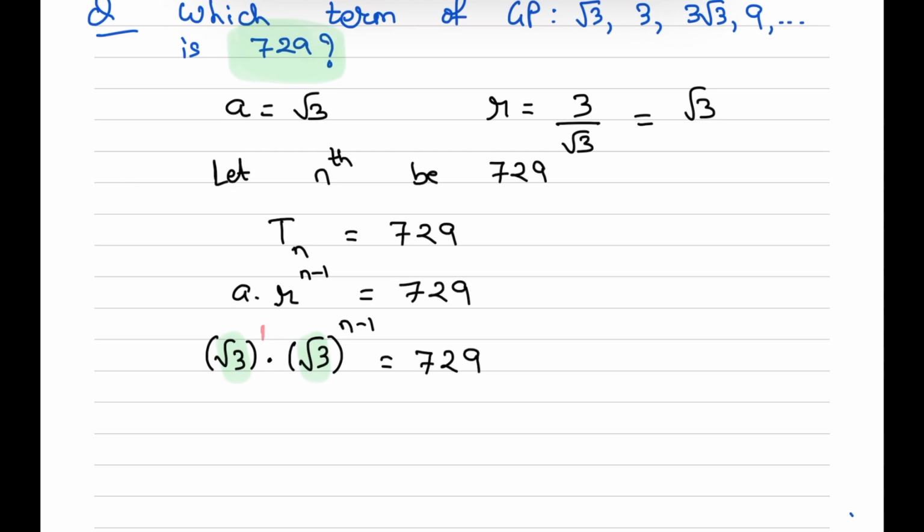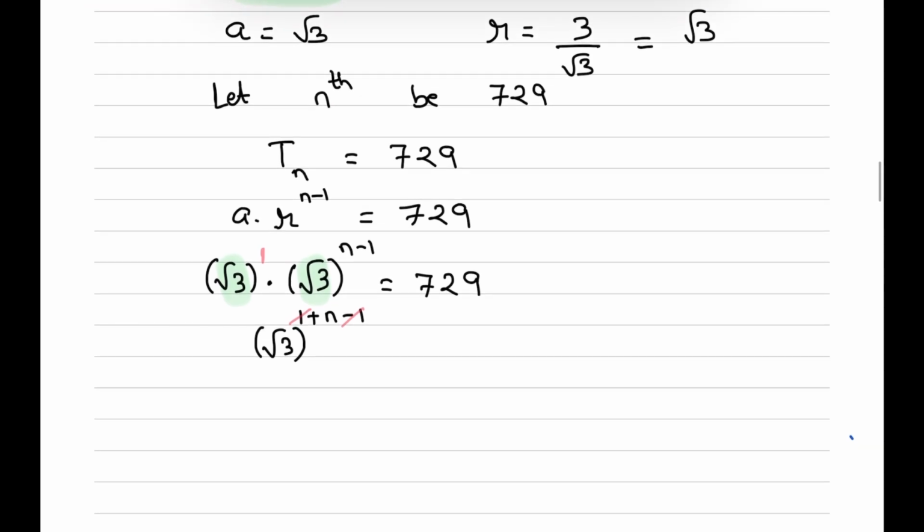So adding the powers, we get square root 3 raised to 1 plus n minus 1. Cancelling out plus 1 and minus 1, we get square root 3 raised to n equals 729.